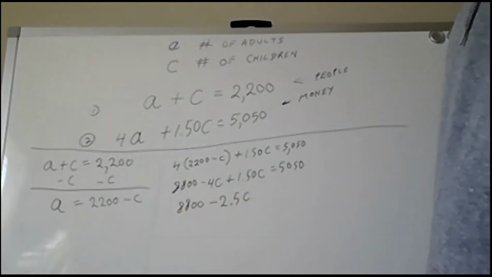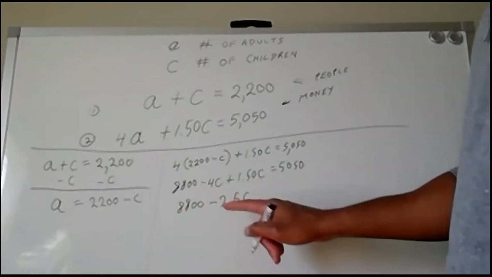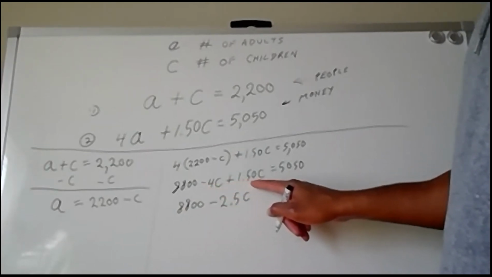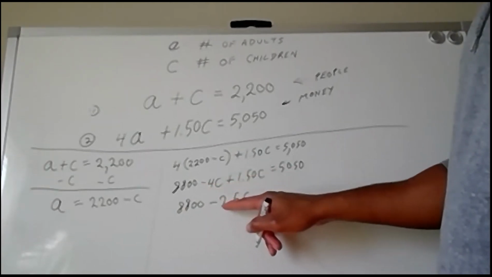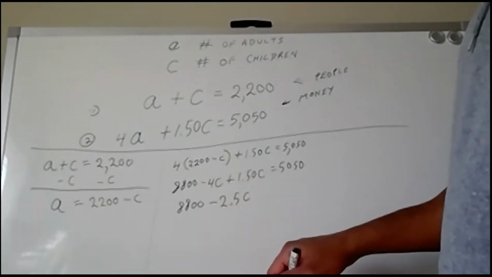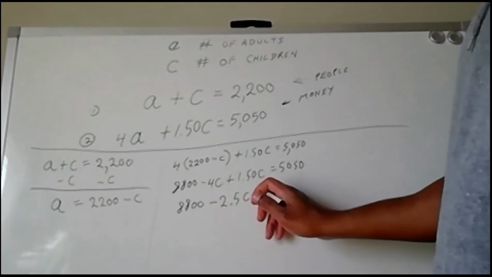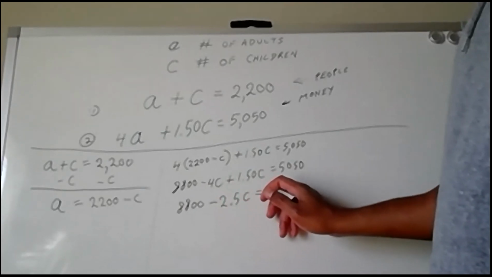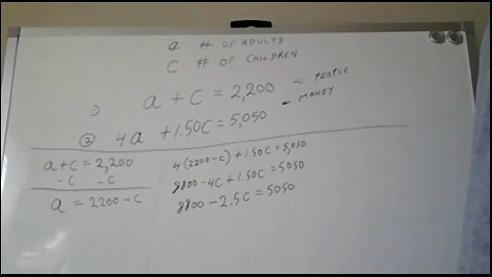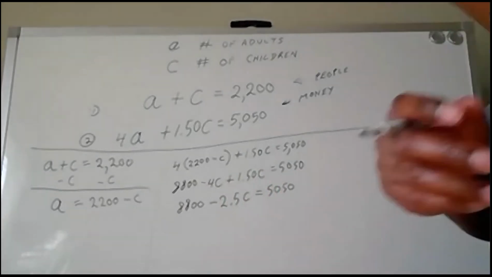You can use your calculator for that, by the way. You put in negative 4 plus 1.50, and that gives you negative 2.5. And just put the C back. Is equal to 5050. All right. Good.